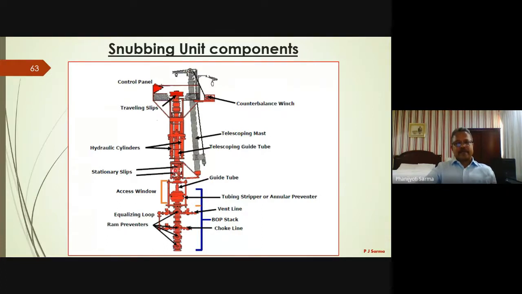The stationary slip always remains in the same position, but in the process of snubbing, this section is getting up and down. Then tubing strippers or annular preventer, and the BOP stack is there at the bottom. These are all installed on top of the Christmas tree.